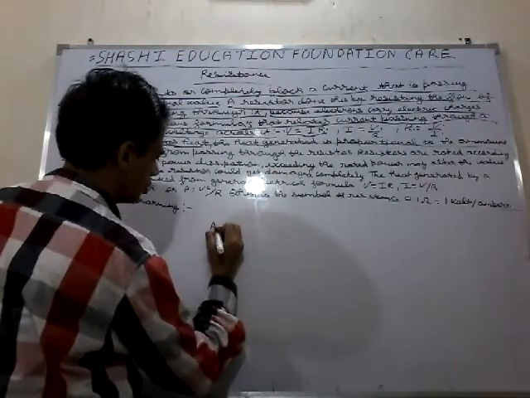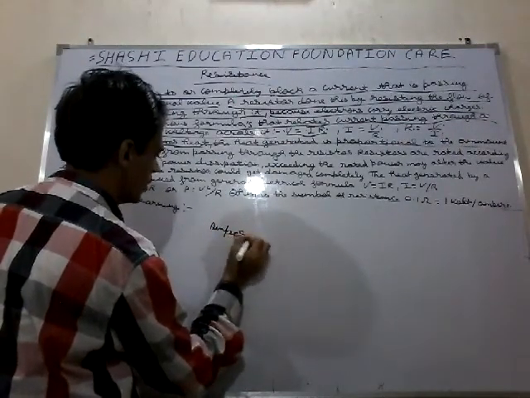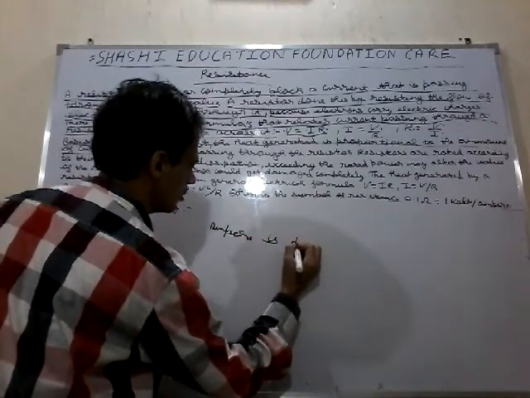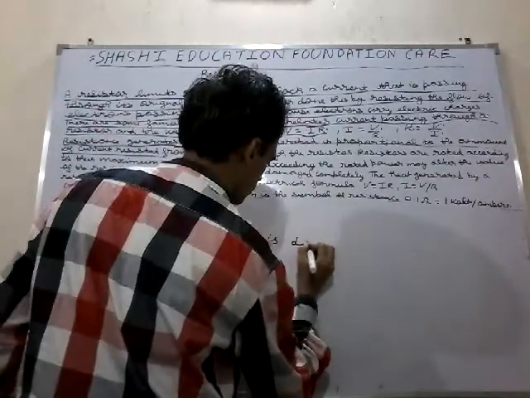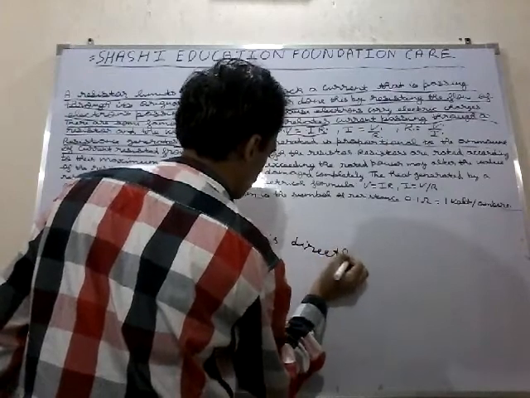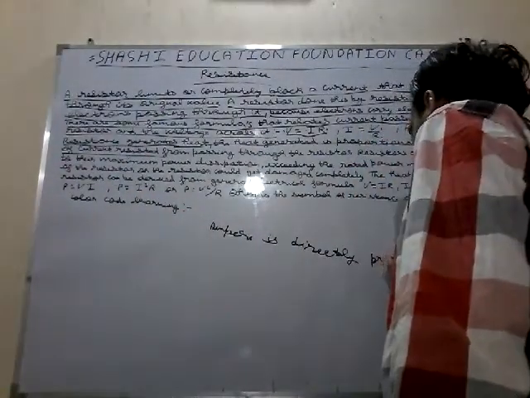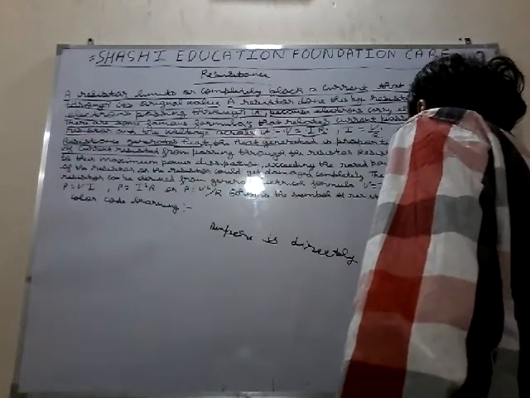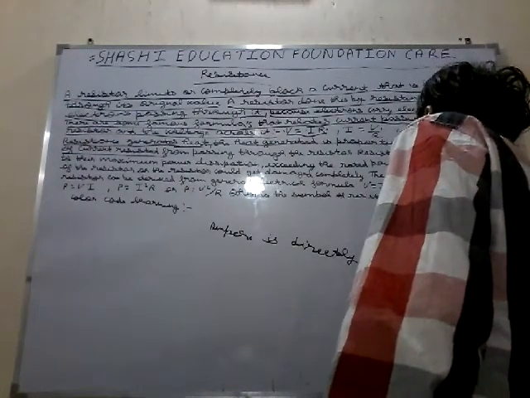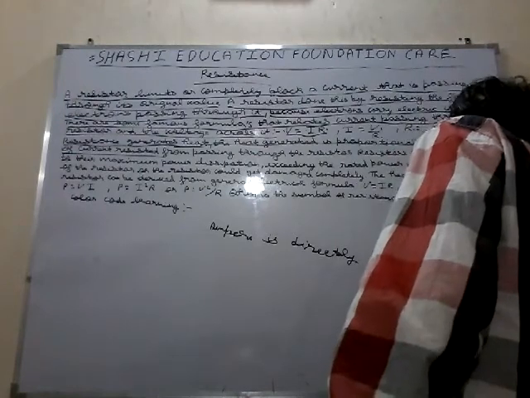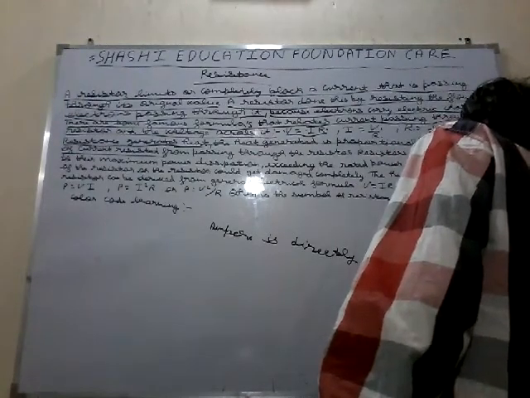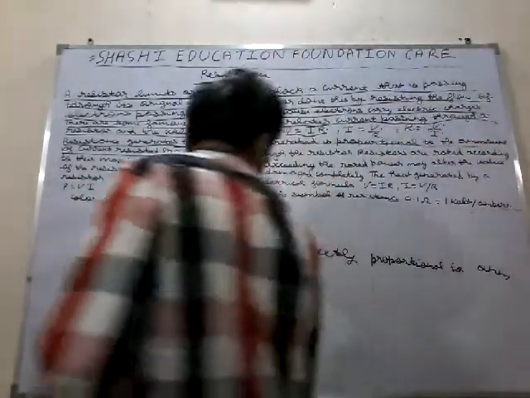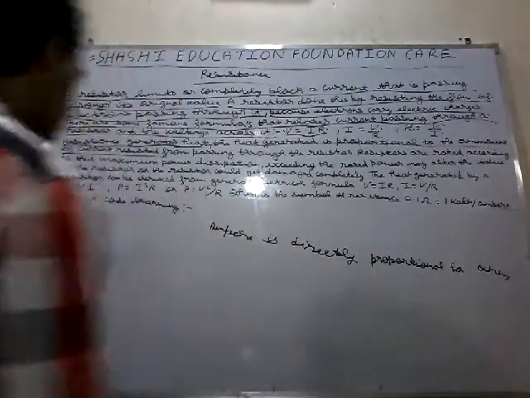Ampere is directly proportional to ohm. Ohm is the unit of resistance, and ampere is the unit of current.